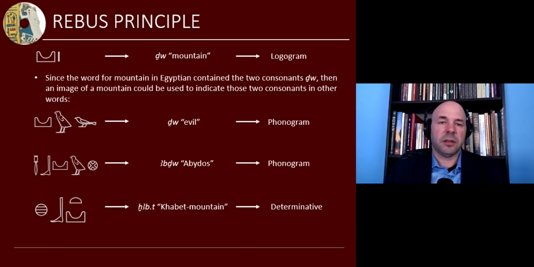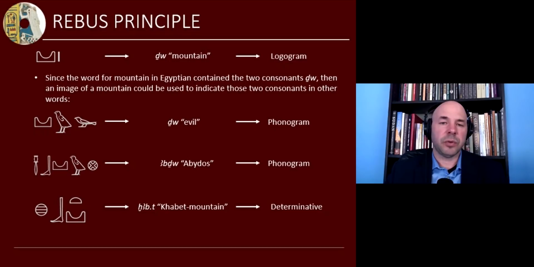Notice that in the second example, you have the mountain sign, this little quail chick bird sign, and then a much smaller bird that we often call the bad bird or the evil bird, usually a determinative for words that have a negative connotation. Here, this word jew, the mountain, is just a phonogram. It's just giving you that underlying D and W phonetic sound, and that's a word that means evil. So when you look at this here, the mountain is just a phonogram.